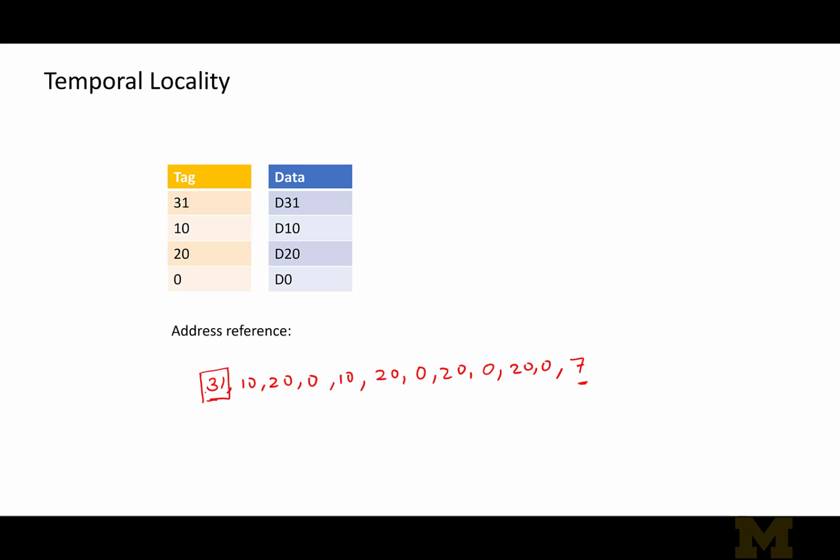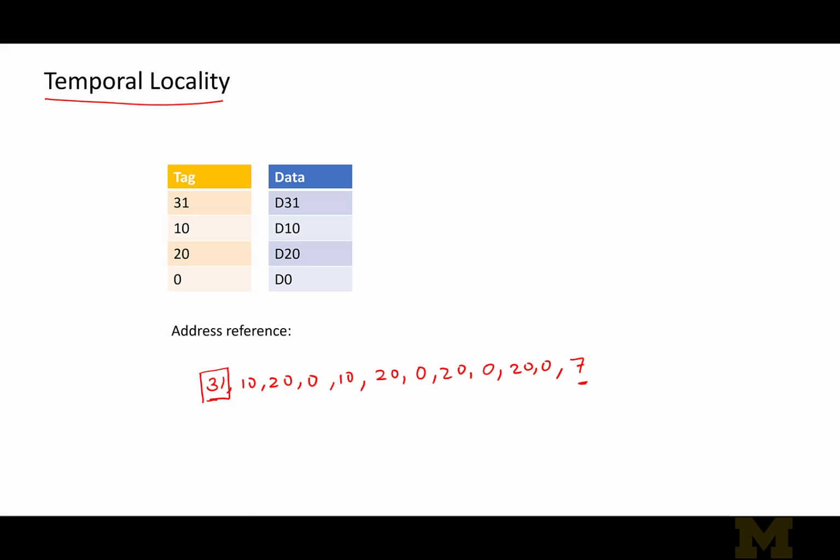Well, what you're intuitively using is this idea of temporal locality. What temporal locality means is if I access an address now, that address has a very high chance of being accessed in the near future compared to all the other addresses.